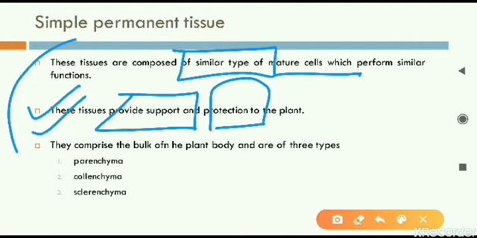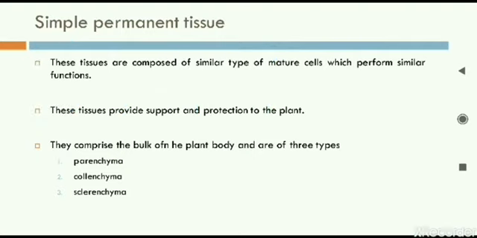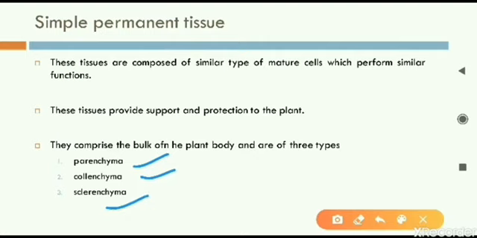Let us see the categories of the simple permanent tissue. They are of three types. One is called Parenchyma, another Collenchyma, and the third and last one is Sclerenchyma. These three are the types of simple permanent tissue.